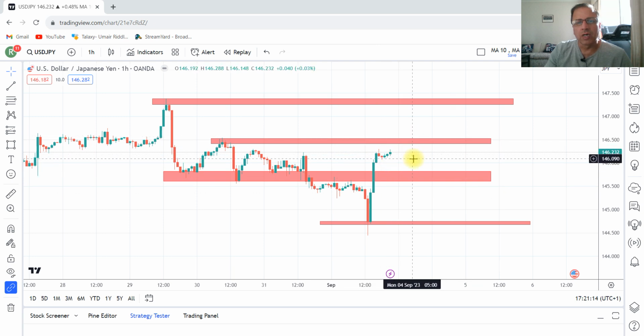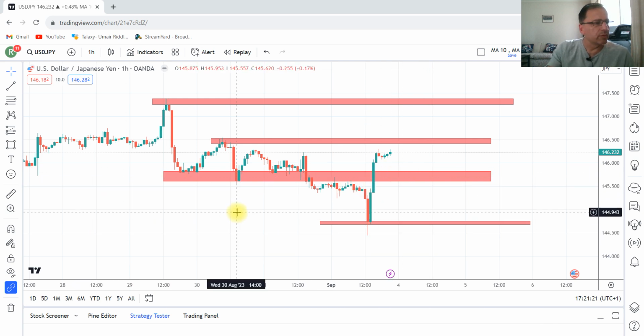So I would ideally like it to break either above or below these structures to trade USD JPY.